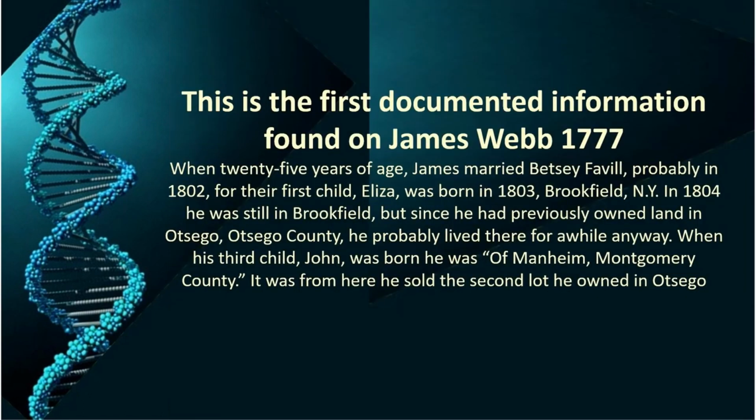The first documented information found on James Webb, 1777: at 25 years of age, he married Betsy Fable. First child was born in 1803, Brookfield, New York. 1804, he was still in Brookfield. He had previously owned land in Otsego County, and maybe he lived there for a while, they don't know.